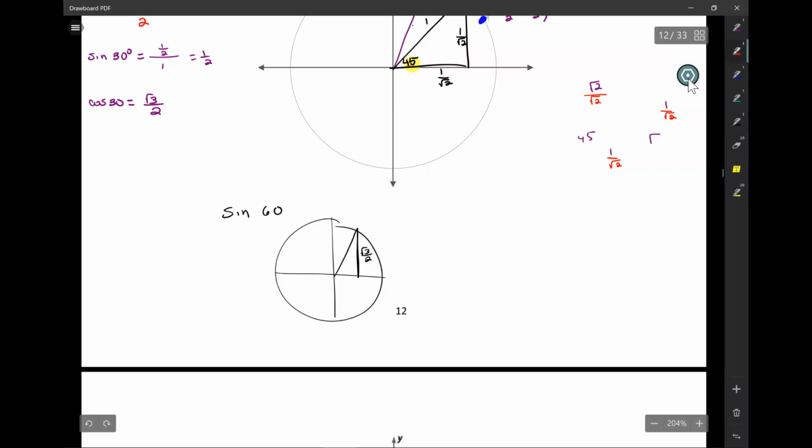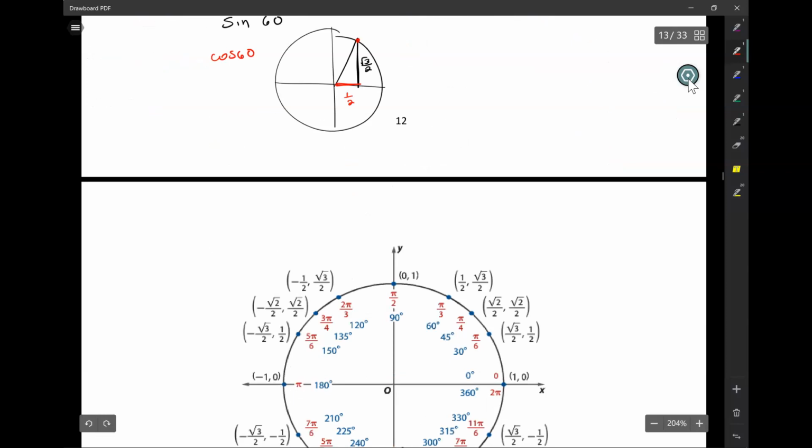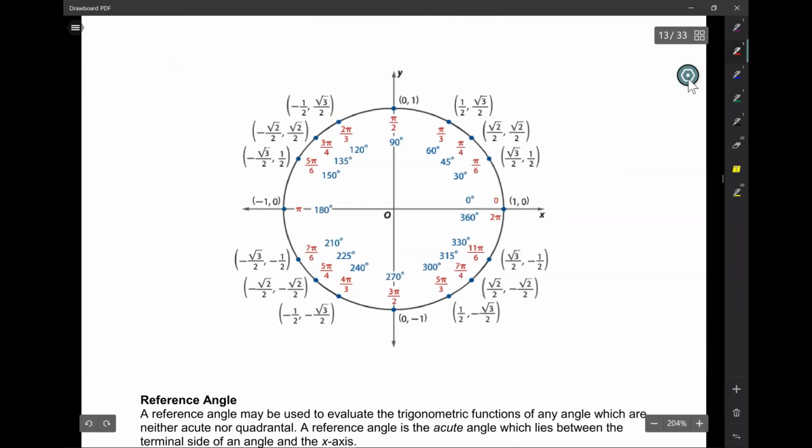If I'm asked for the cosine of 60 degrees, I say, okay, that's the larger angle. To get to that point, I have to go horizontally shorter than I would have to go up. So the cosine, since the horizontal side is the 1/2. Okay? So that's how it's got to be. Now, when we get back, we'll look at a little bit more of the patterns on the unit circle.